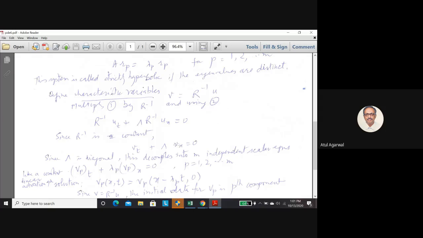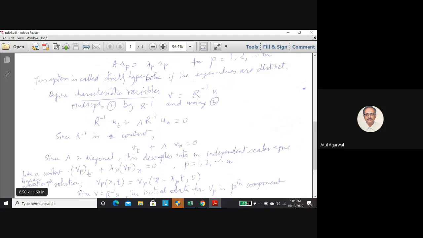Now these equations are all decoupled. So V is different from the original set of variables. You have transformed these variables using this R matrix. Since lambda is diagonal, this decouples into M independent scalar equations.